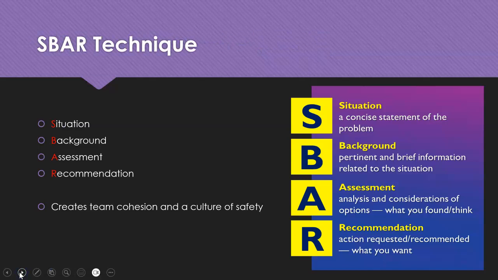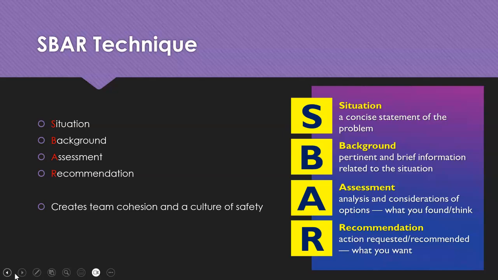So, what we're going to use is the SBAR technique. The SBAR technique is an older technique, which is still current today. And it's a wonderful way for you to keep yourself on track when you're giving report. So you will report with situation, background, assessment, and recommendation.